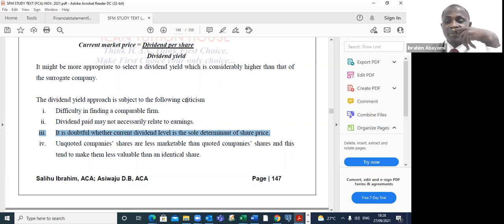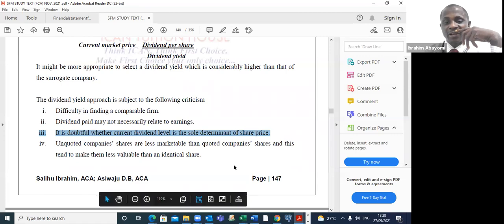It is sure that the company will pay dividend, so investors will be buying the company's shares because there is an expectation of dividend payment. But dividend is not the only factor that determines your share price, so other factors that affect your share price are ignored when you use dividend.